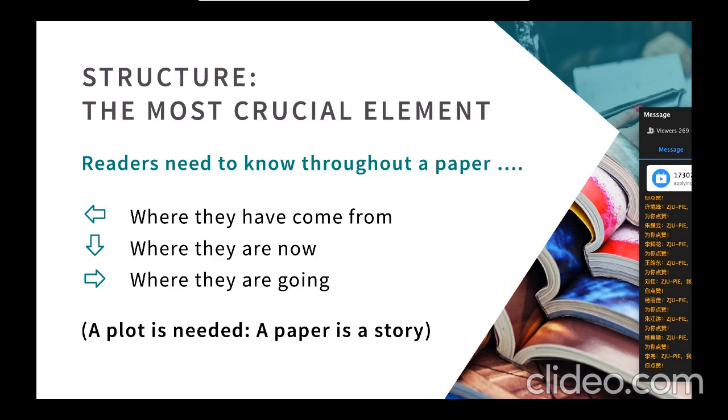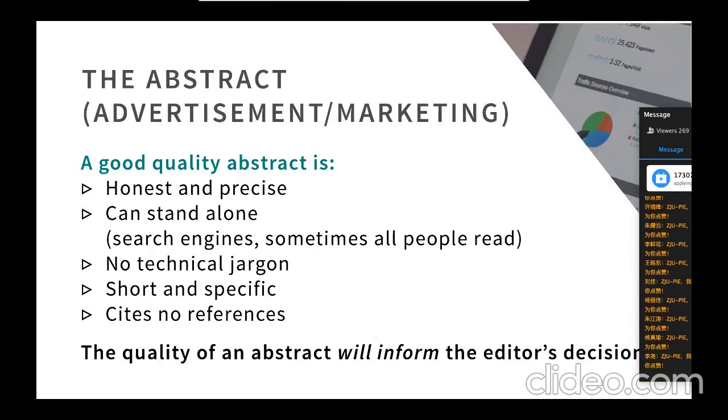Structure is one of the most important initial things to know about when editing, when writing academic papers. So let's get started talking about abstracts, editing abstracts, writing abstracts in English. What is an effective abstract for an academic paper?